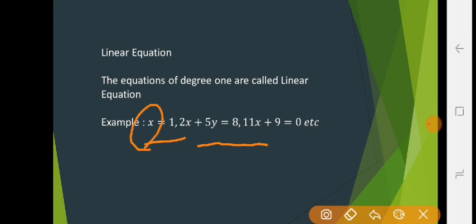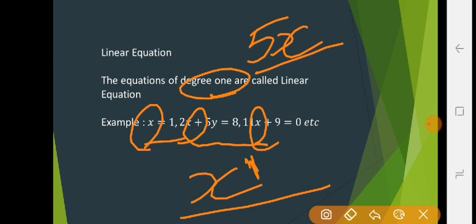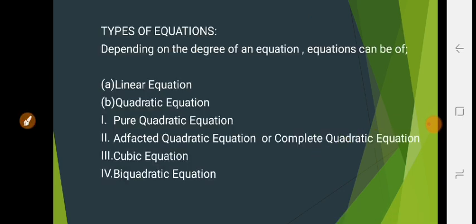Here the power of x is 1, that means there is no visible power. Only x has been given, and if nothing is given in the power place, we assume it is 1. So that's why an equation of degree 1 is called a linear equation.